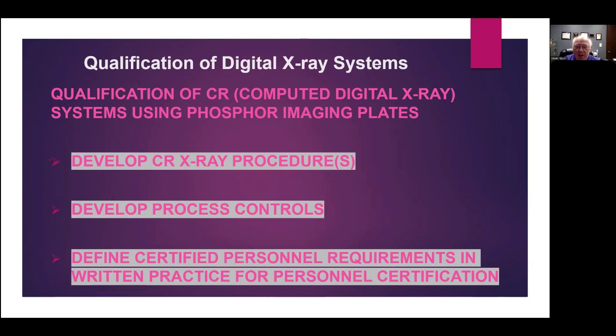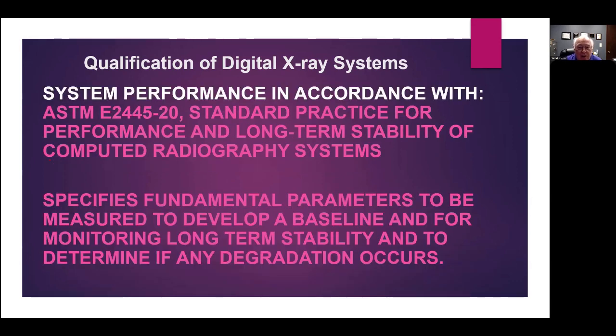And basically, there are several things you have to do to start off with. First, you have to have an X-ray procedure for CR. You have to have process controls that go along with the procedure, and then personnel qualifications as well. So those are all part of the equation. Typically, there's two ways of qualifying.